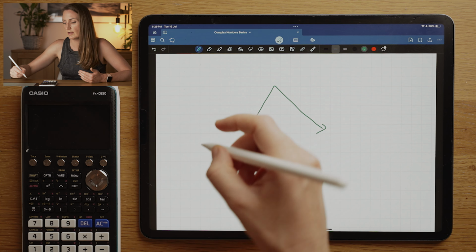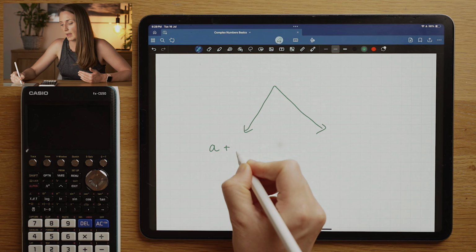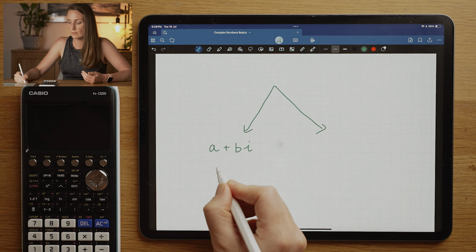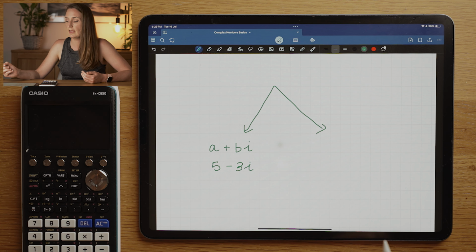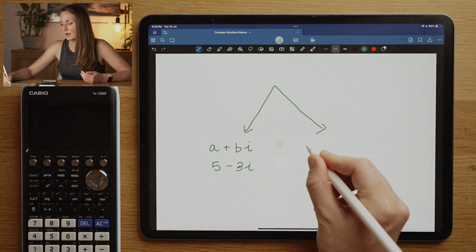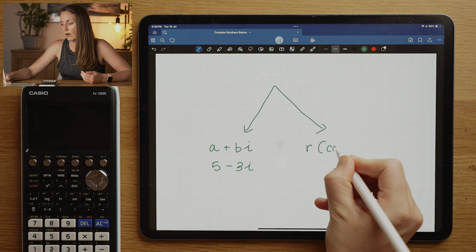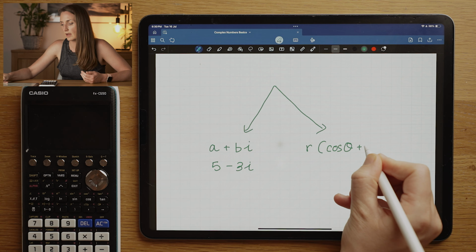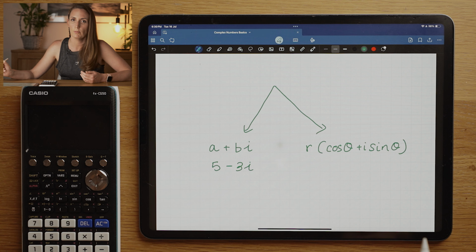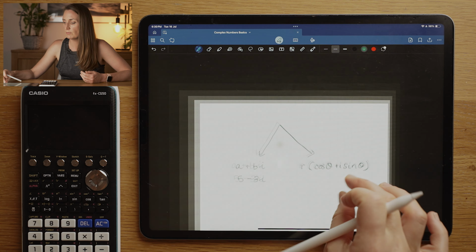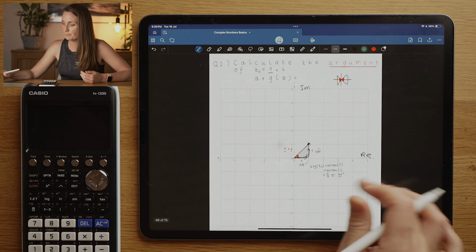So we said already that the rectangular form is in the form a plus bi. So something like 5 minus 3i, that would be in the rectangular form. Whereas something in the polar form, we're going to express it like this: r cos theta add i sine theta. Now that seems a little bit complicated right now, but stick with me and I'm going to explain how you're going to achieve that.